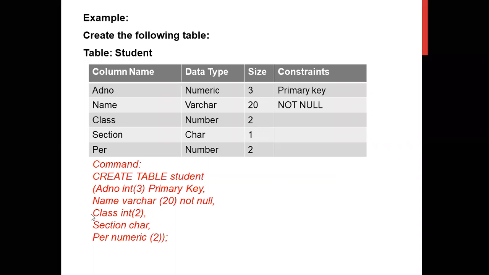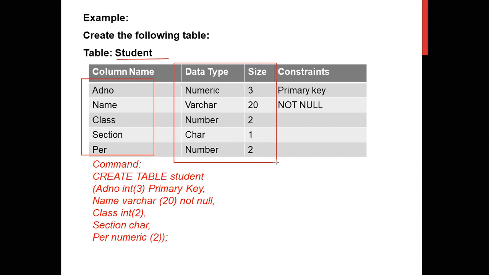Next, after creating the table, how to insert the record. For example, first we create the table. The table name is student. The attributes and columns are admission number, name, class, section, and percentage. These are the definitions of the columns, which means the type of column and the size of column, that is, how many bytes are required for a particular column.